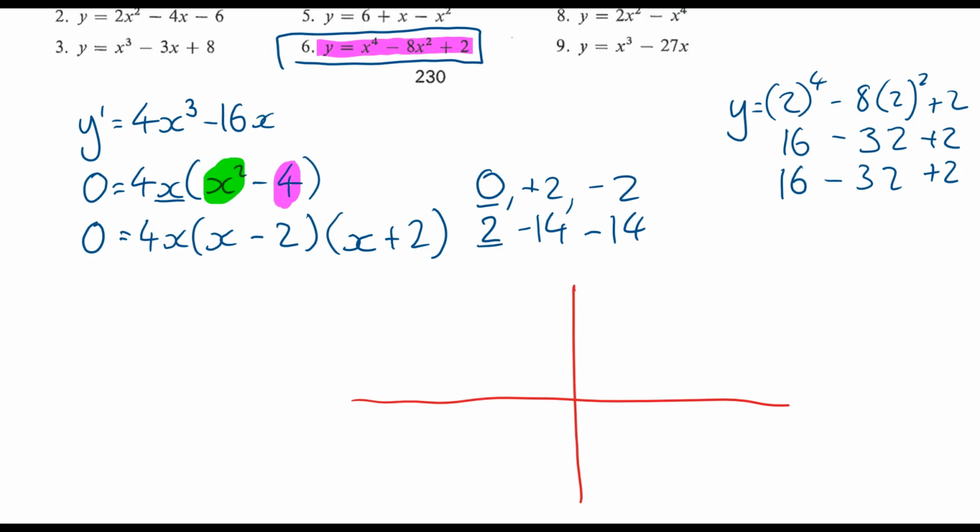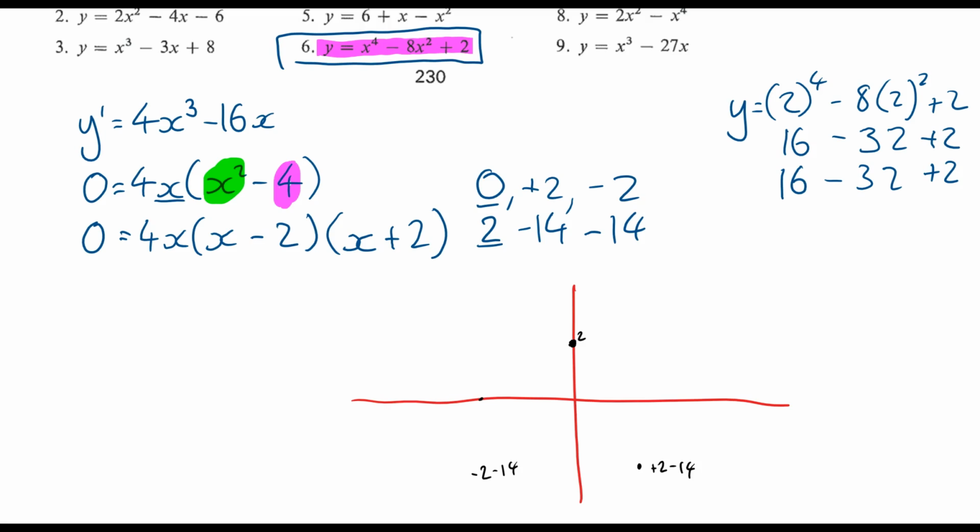So I put a mark at 0 across, 2 up. Then it goes through +2, -14, and it also goes through -2, -14. So it has a turning point, a turning point, a turning point.